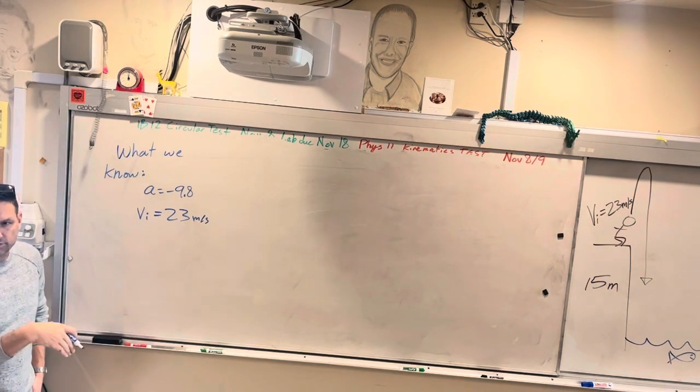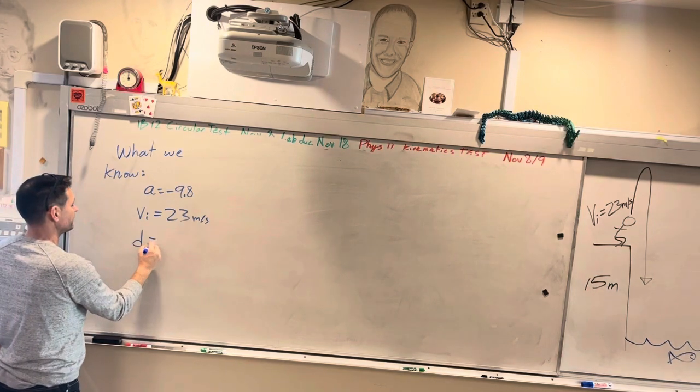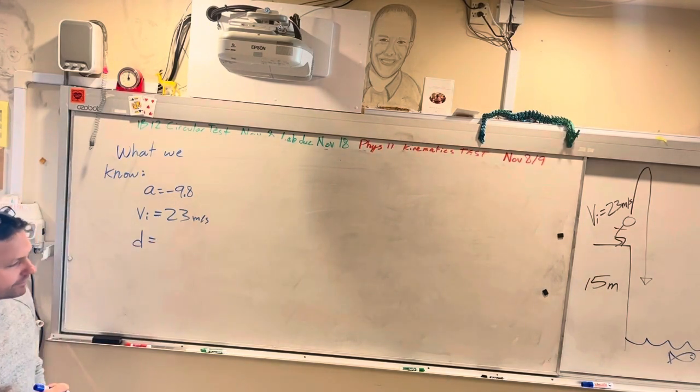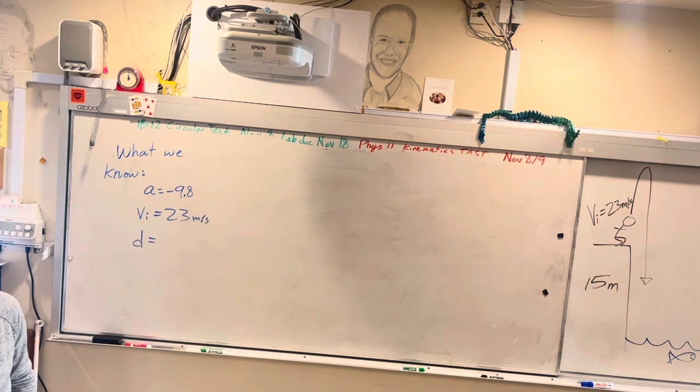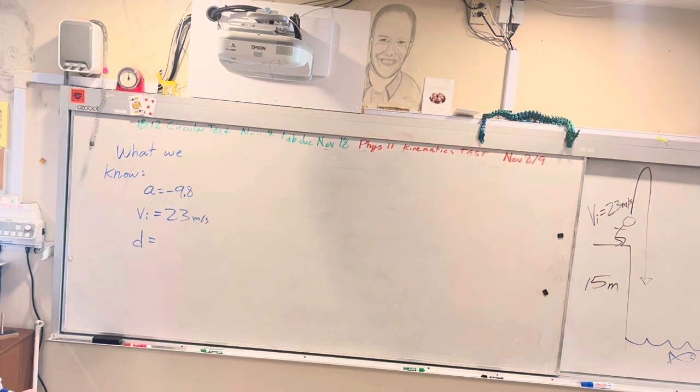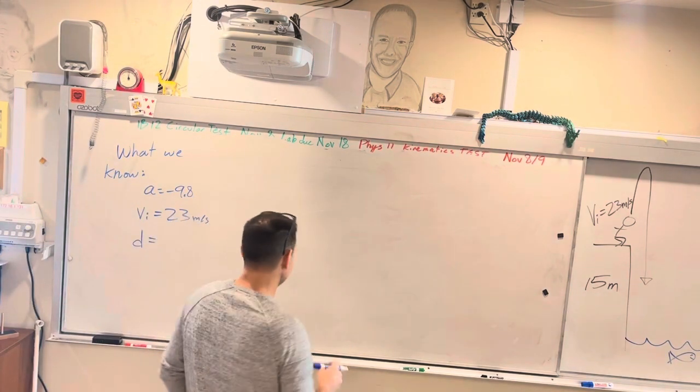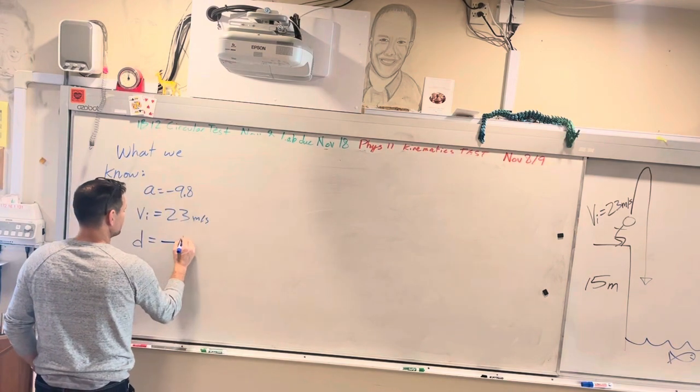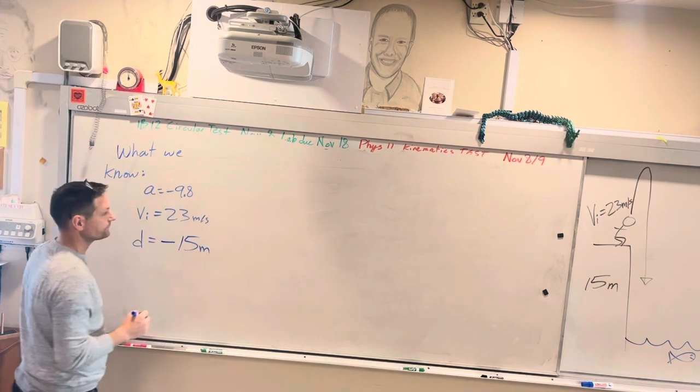And we know his displacement till the end, right? Is his displacement 15? No. Where will he be when he hits the water compared to where he started? Negative 15, yeah. 15 meters down, so this is negative 15 meters.